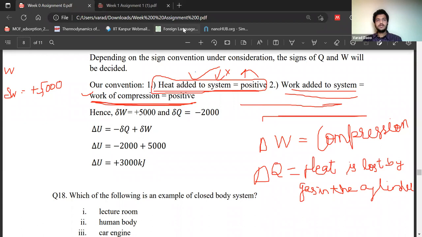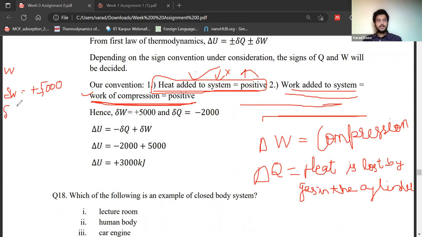That means heat is going to be negative, right? It is going to be negative. That means delta Q is minus 2000. The unit of both is kilojoule.